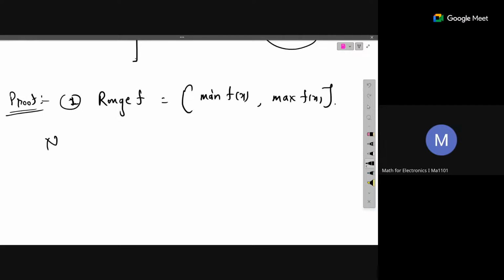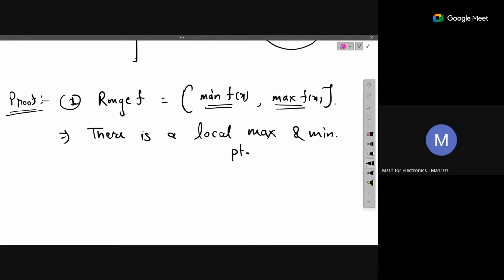Now, suppose, since we have a differentiable function and this minimum and maximum value obviously occur, there will be at least one local maxima or local minima point, right? So that means this implies that there is a local maxima and minima, right?